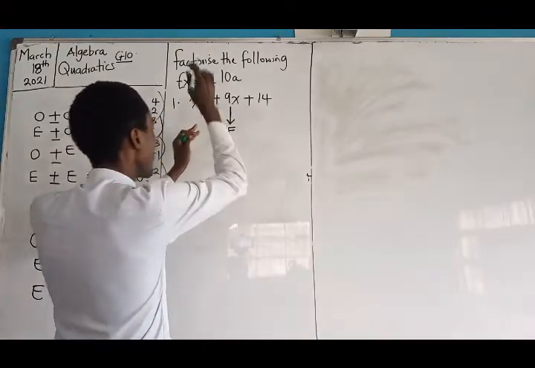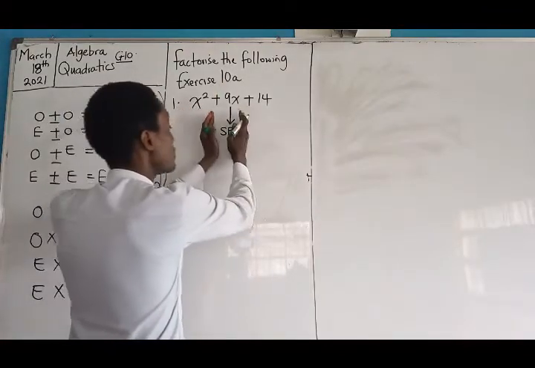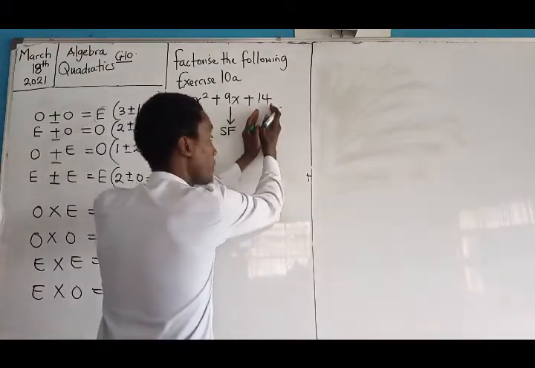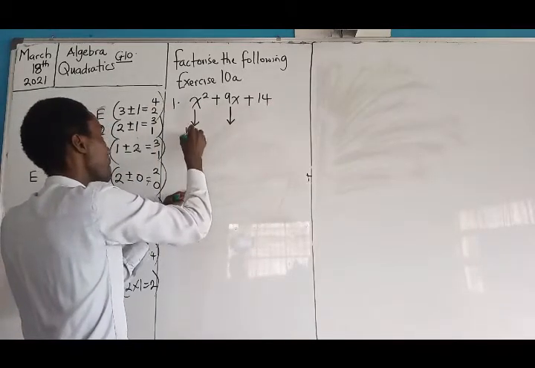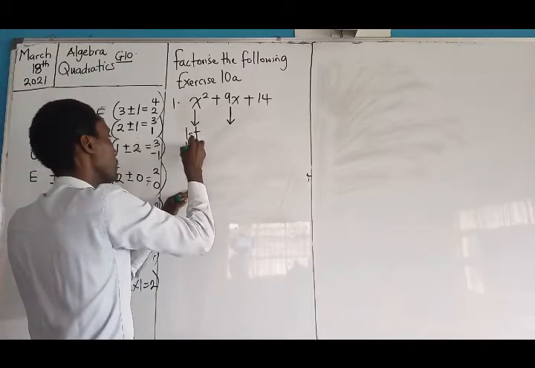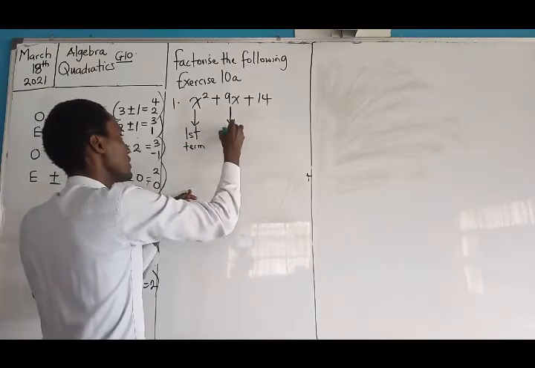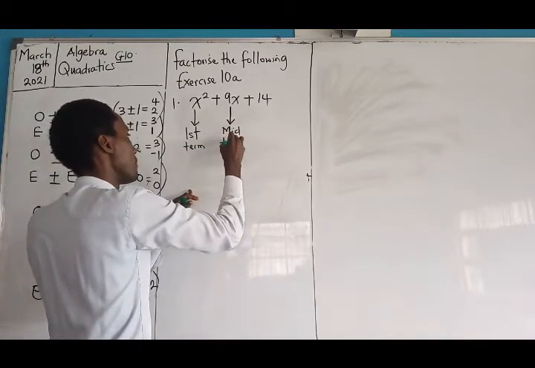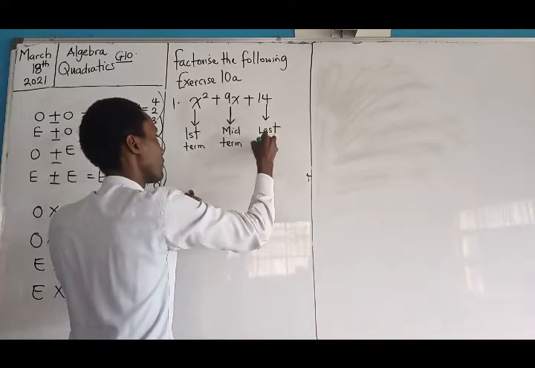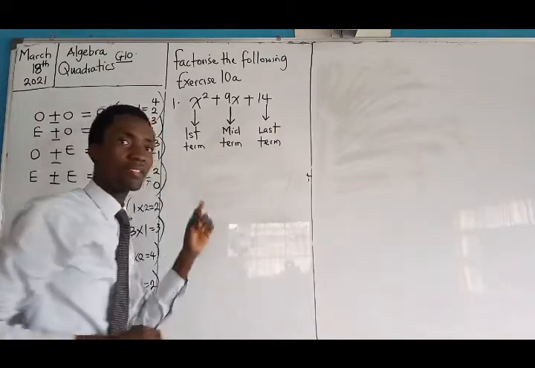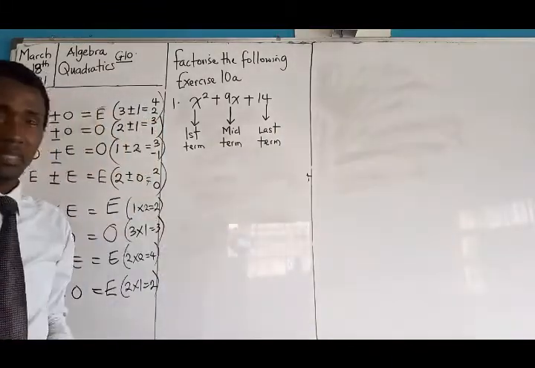This position, now take note, this is first, this is mid-term, and this is last term. Maybe we should name the terms first. This is first term. This is what is called mid-term. And this is what is called your last term. First, mid, and last term.